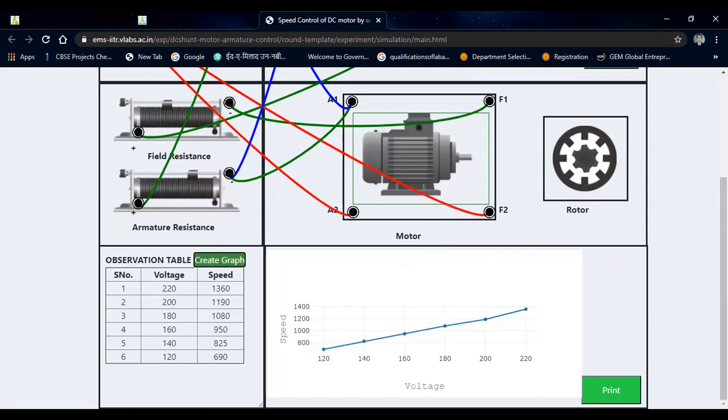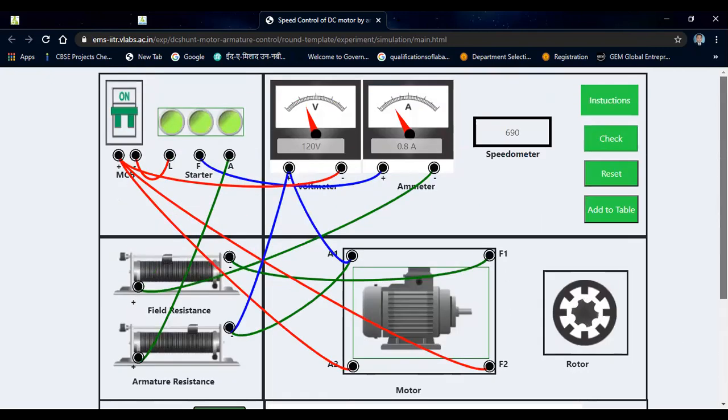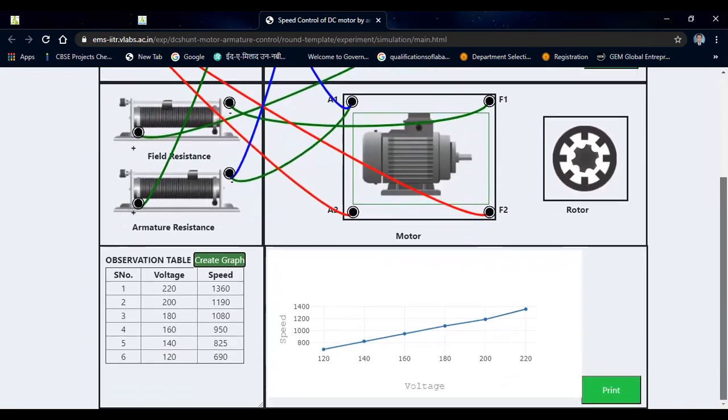From this curve it is observed that when the voltage goes on increasing, the speed goes on increasing, or we may say when the voltage goes on decreasing, the speed also decreases. So this is nothing but the speed control by armature control method. Okay, thank you.